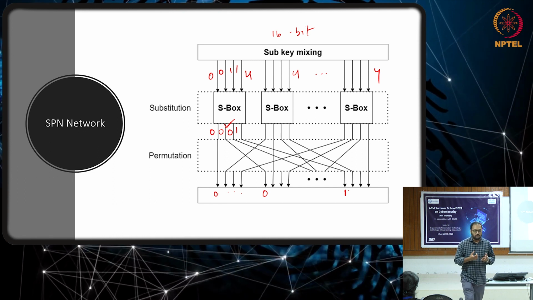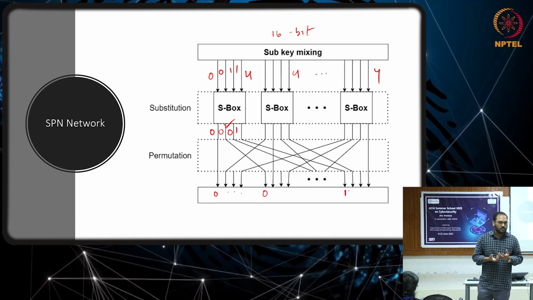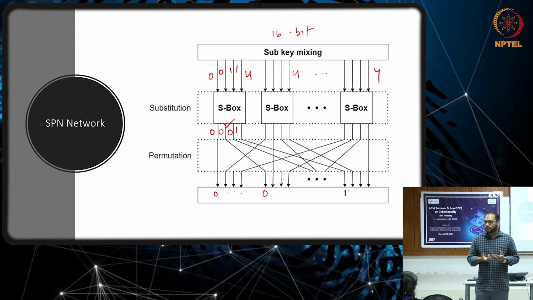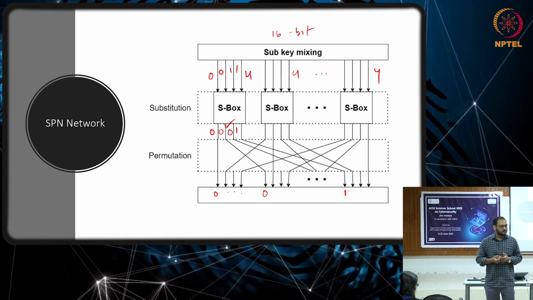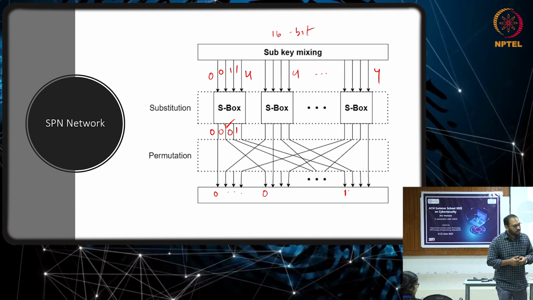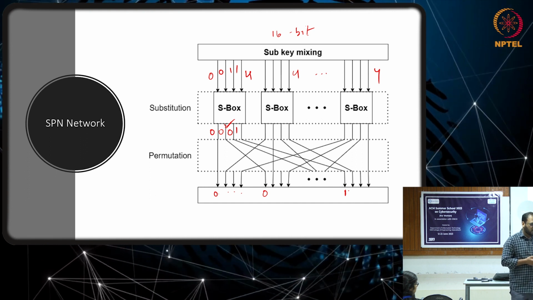Now, what's the difference between S box and permutation? Are both same? Why not? Okay.